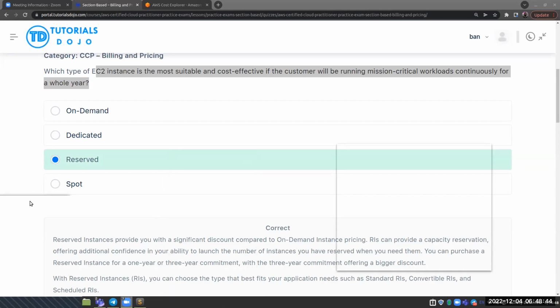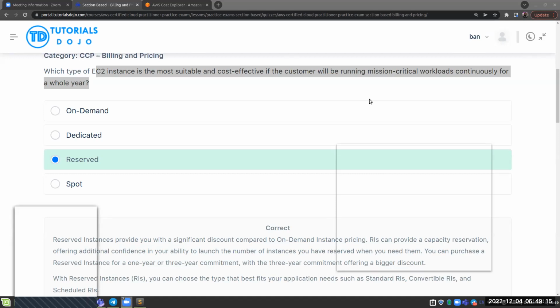Yeah, because the instance is going to be running continuously for a year, and it's also running mission critical workloads. Thank you, the workload type and the time frame. Yeah, that's very correct. You don't use spot instances for mission critical workloads, and also remember with spot instances, they can be taken from you with a 2-minute notice, right?